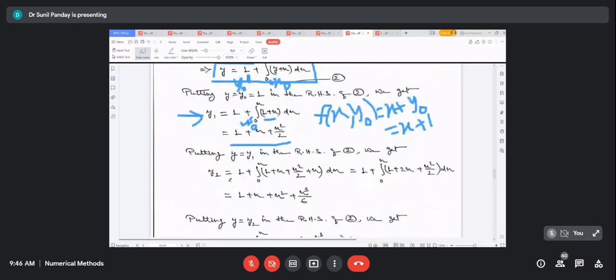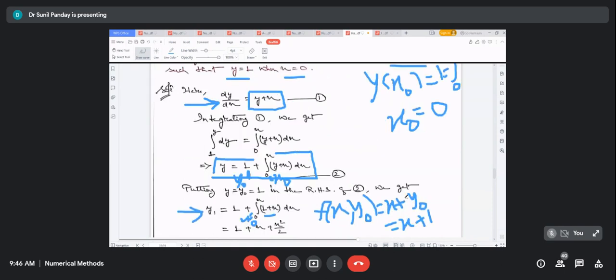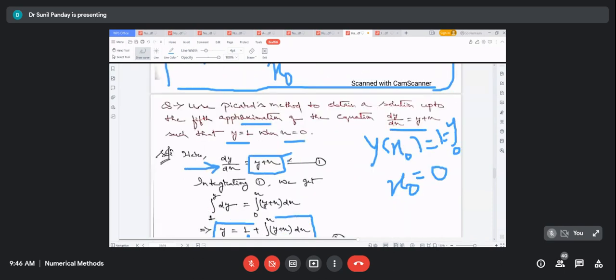Next, to calculate the value of y2, I require the value of f(x, y1). I again see the definition: this is f(x, y).